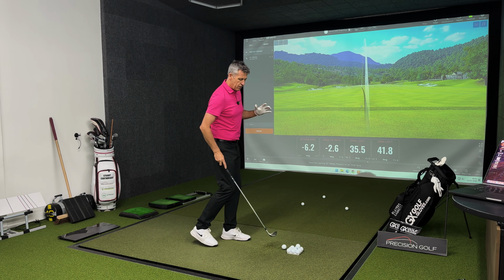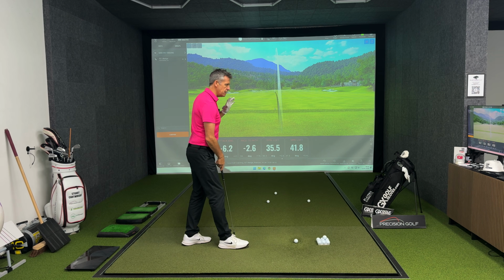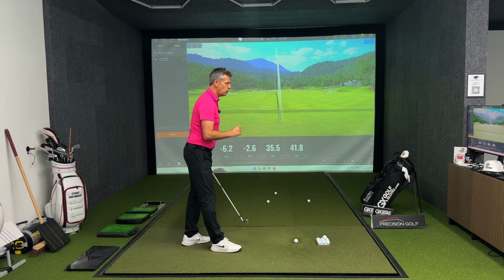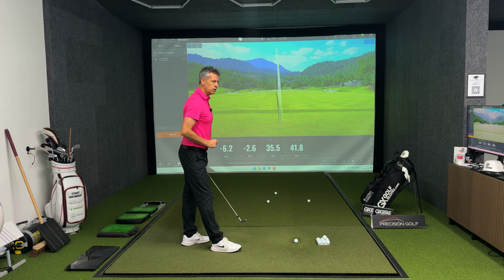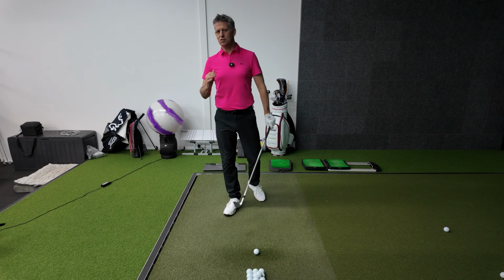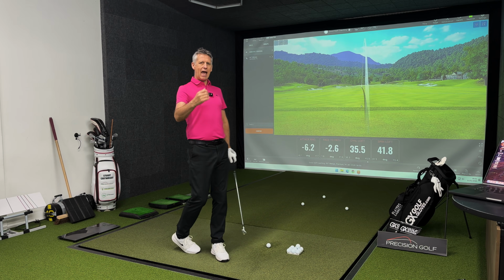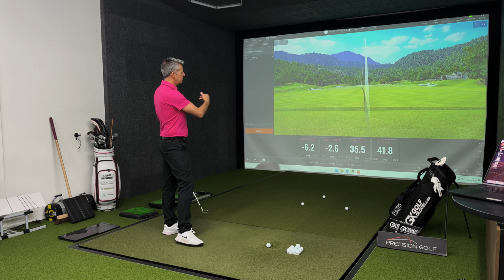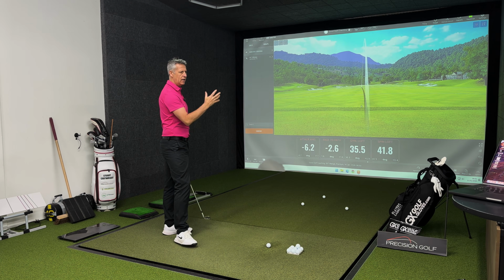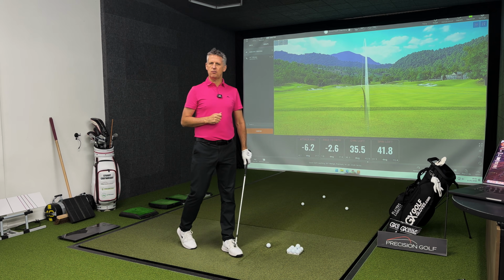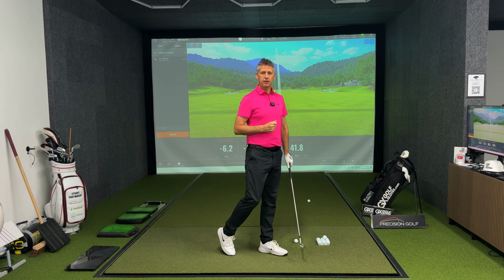And so for that reason, our main agenda is always controlling the dynamic loft. The spin loft is quite simply the angle of attack on top of the dynamic loft. So you can see the difference between the 35.5 and the 41.8 is roughly, give or take, 6 degrees, which is my angle of attack.